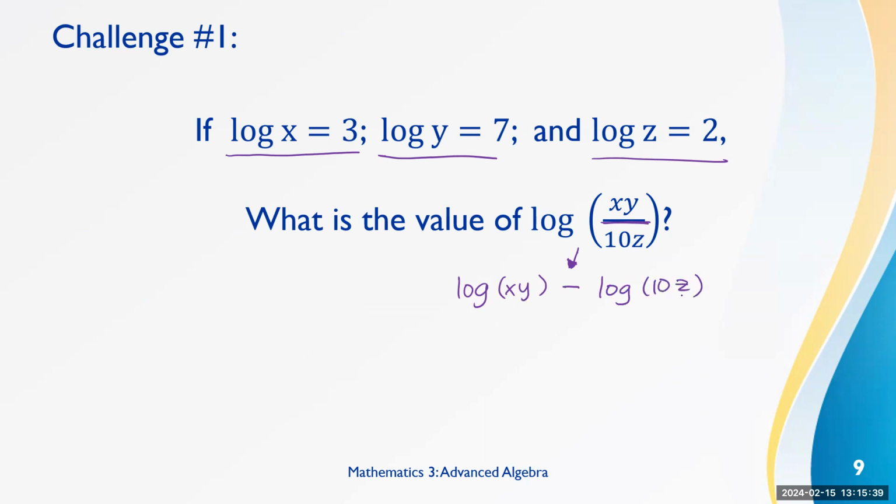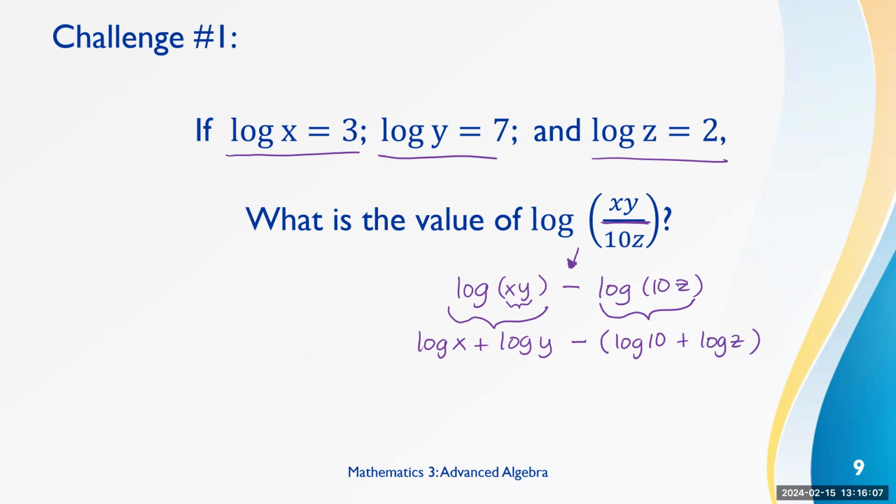10z. Okay? And applying the product rule further, since yung argument natin is x times y, I can write this as log x plus log y. And for this term right here, I can write that as log 10 plus log z.